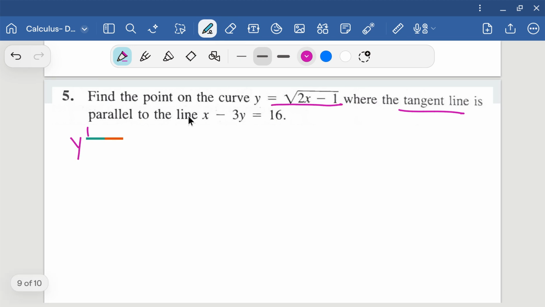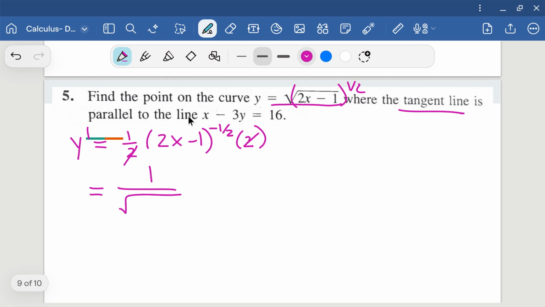So we are going to figure out y prime. If this was our exponent, it would be to the power of a half. So we'll take that half, bring it down, and then I have 2x minus 1 to the power of negative a half times 2. Doing that, we'll see that those 2's cancel. So your first part here is 1 over the root of 2x minus 1.